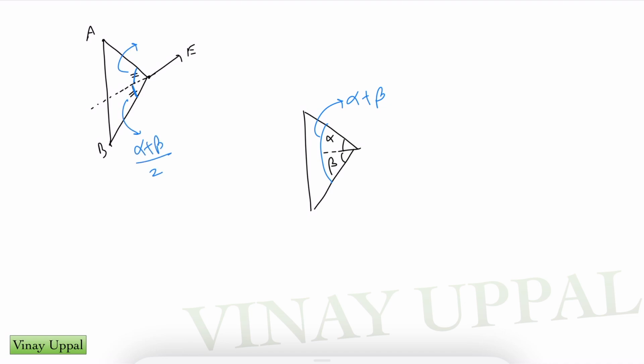Remember my line wire subtends an angle of alpha and beta. So this entire angle here is alpha plus beta. So each of these angles here would be alpha plus beta by 2. I'll prove this on the next page, but this fact is something that we would like to remember, that the electric field is along the angle bisector.